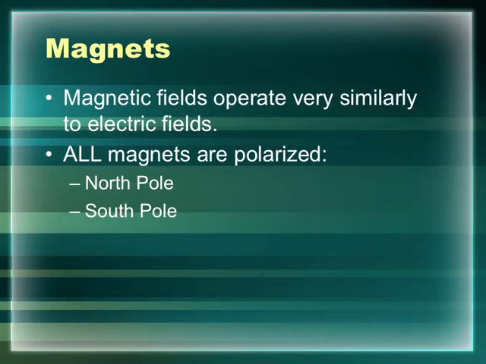What I mean is it's polarized, a polarized region. In the same way that positive and negative is arbitrary, north and south is really arbitrary as well.